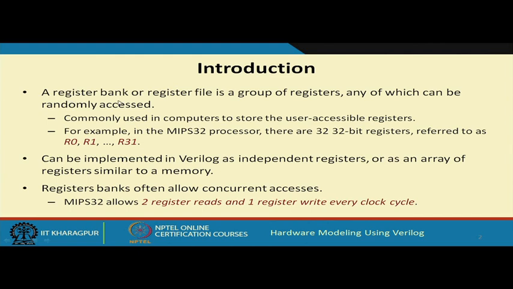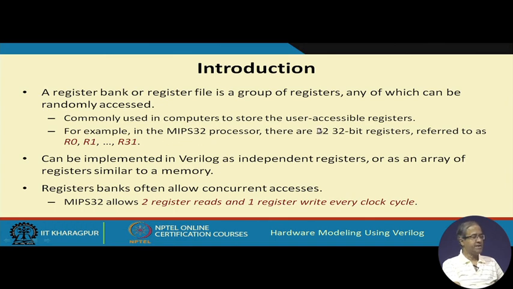A register bank is typically used in a processor, in a computer, to store registers which are used for temporary storage of data. As an example, there is a common processor called MIPS 32, an example of a reduced instruction set architecture.